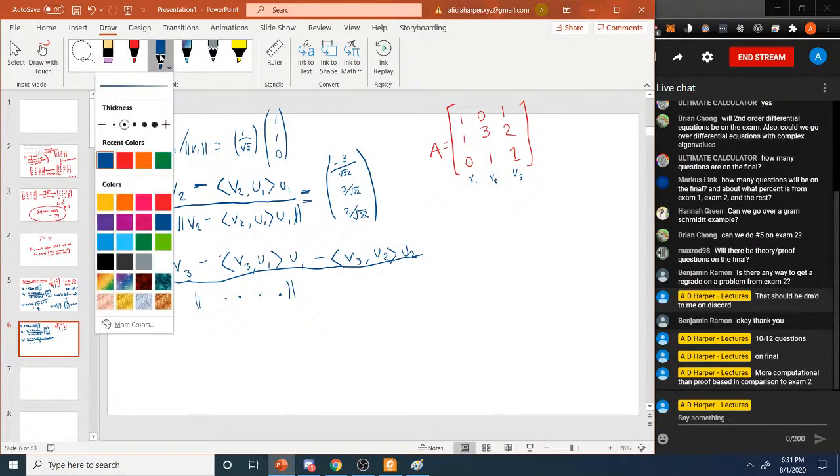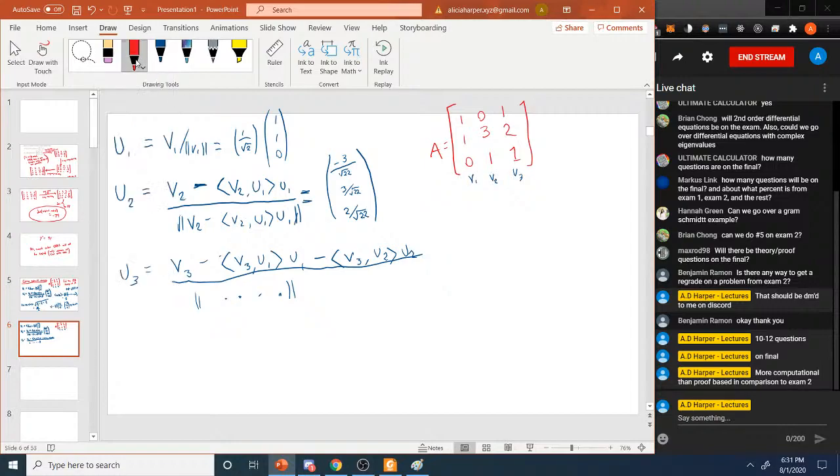So first things first, let's consider the inner product of U1 with V3. So this is going to be, let's see, 1 over the square root of 2, and then times 1 times 1, plus 1 times 2, plus 1 times 0.